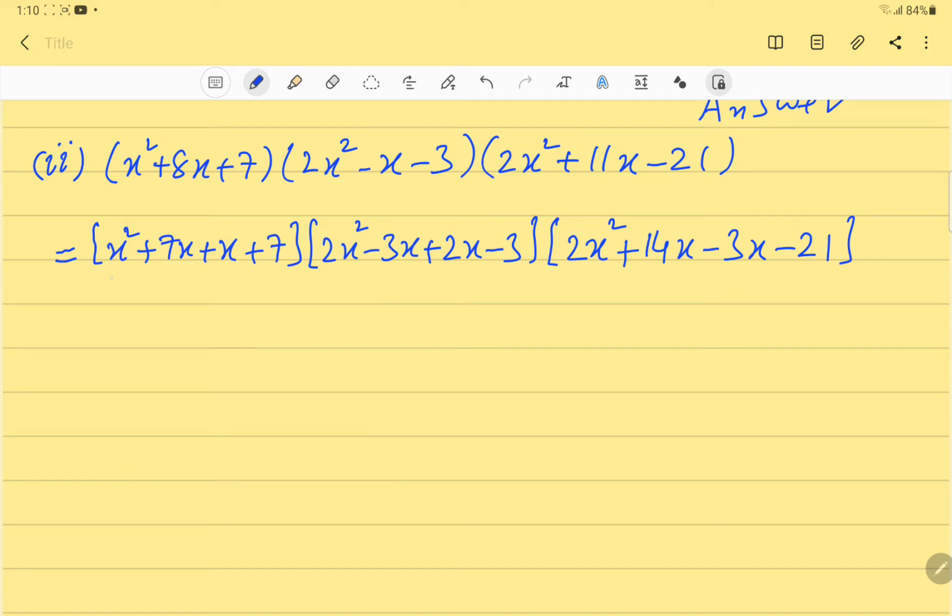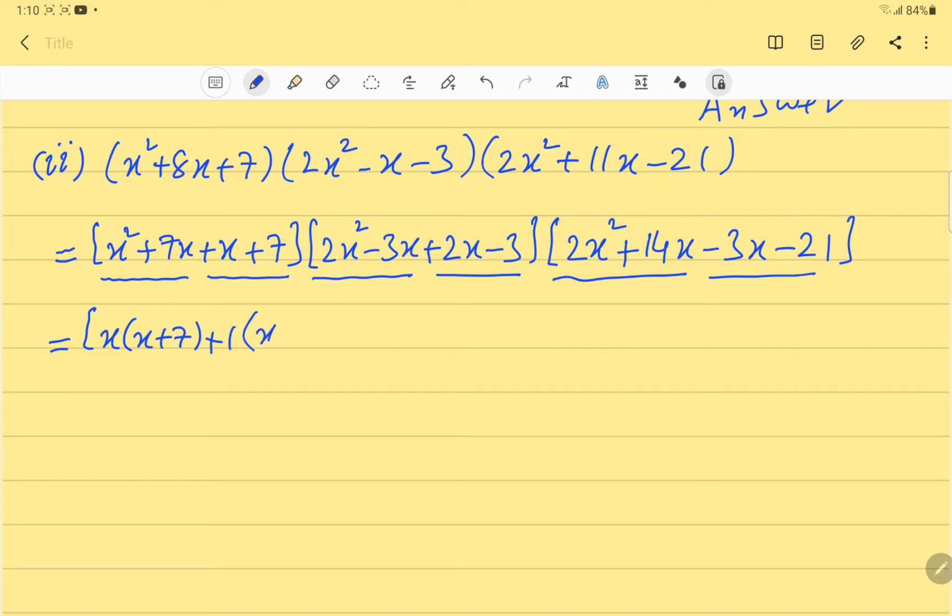Now we will factorize. We will make pairs of terms first. In the first bracket, in the first two terms, we have x common. So in the bracket we will have x plus 7. Then we have 1 common. So again in the bracket x plus 7.